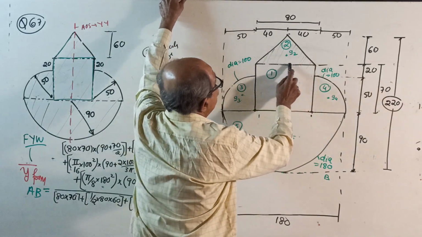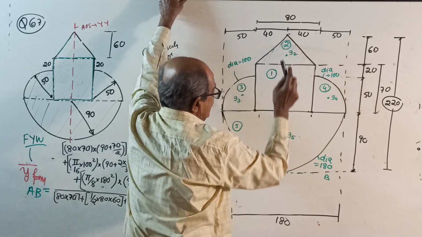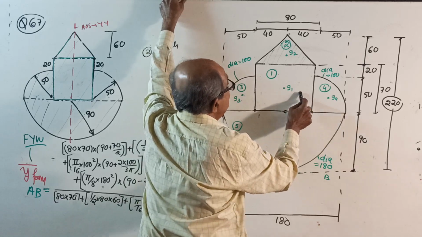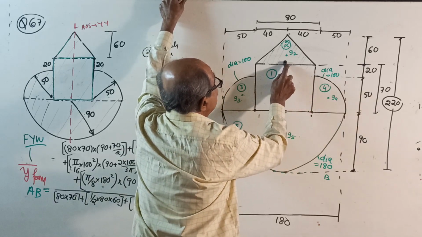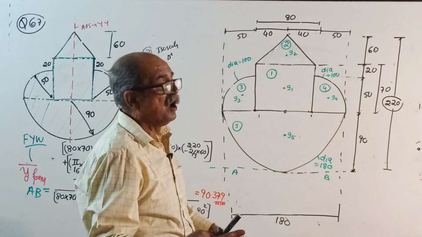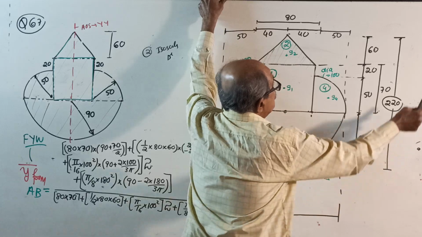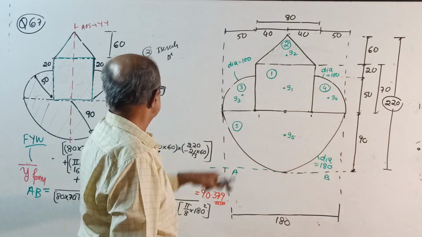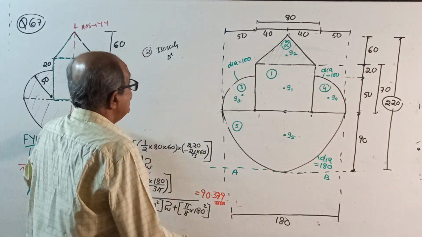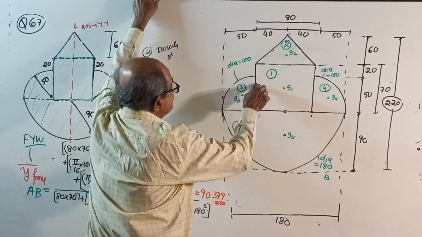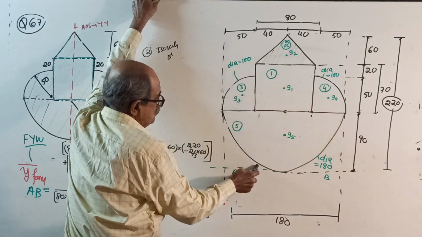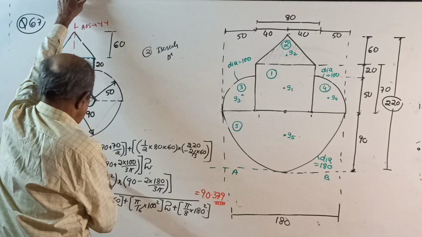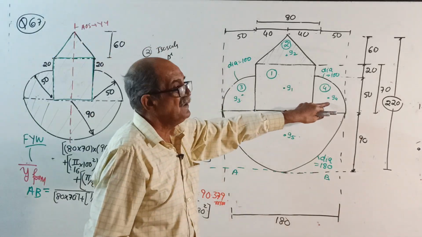Triangle, half into 80 into 60, full triangle, into, see, 90 plus 70 plus 1/3 of 60. Or you can do one thing. Total 220, subtract 2/3 of 60. That is much better. Okay. A2 Y2 over. A3, pi by 16 of 100 square into 90 plus 2d by 3 pi. And then fourth one is identical to 3.